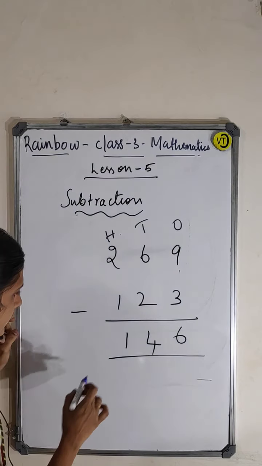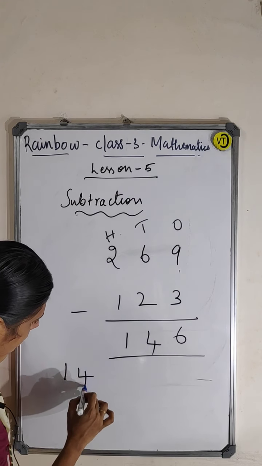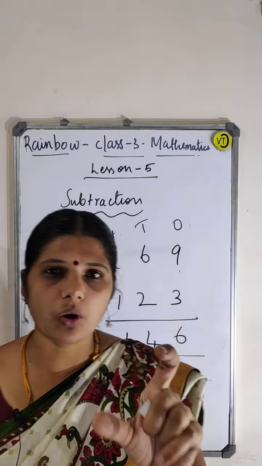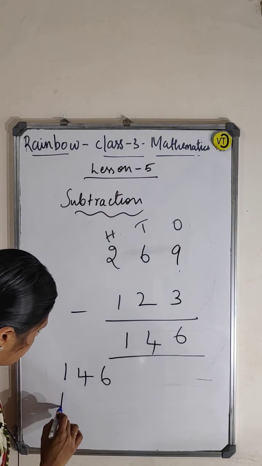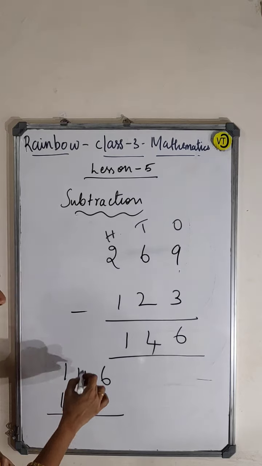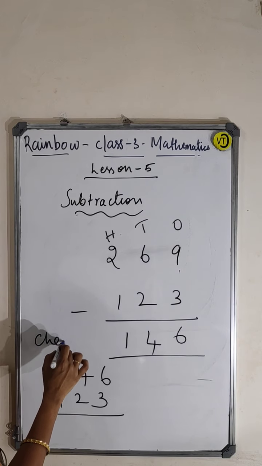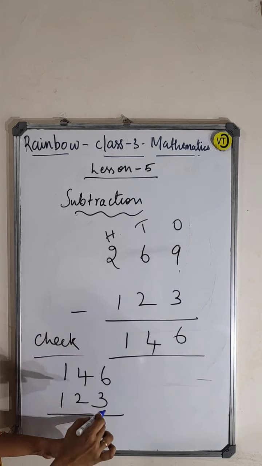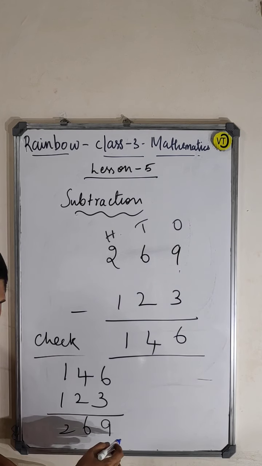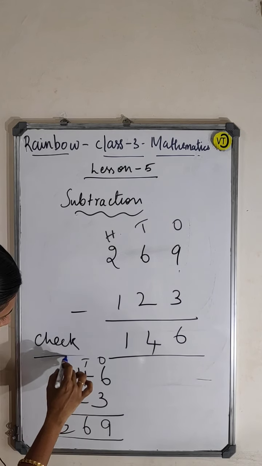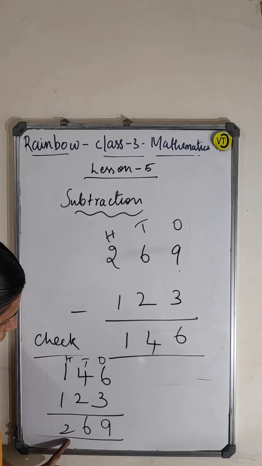How will it be? The answer 146 and the smaller number, 123, just add together. It is for checking purposes. So 6 plus 3 is 9, 4 plus 2 is 6, 1 plus 1 is 2. This is also ones, tens, hundreds, right? Okay, 269.